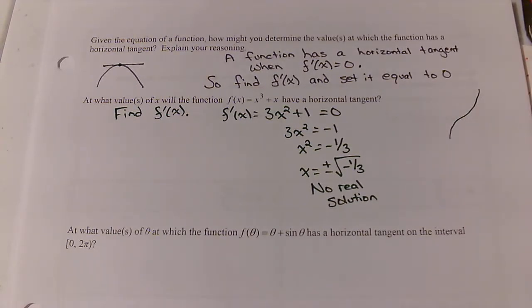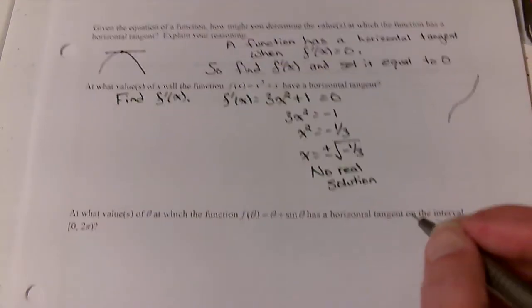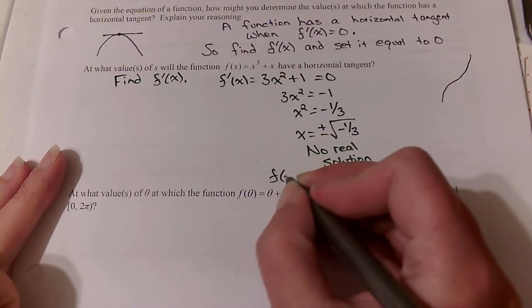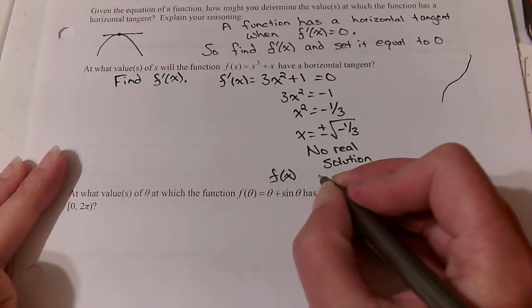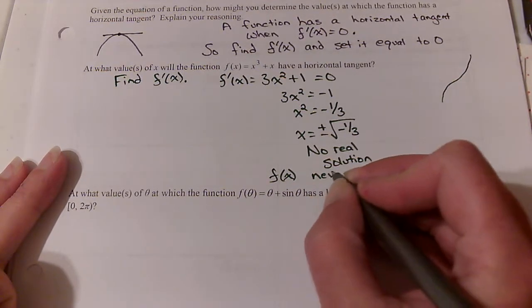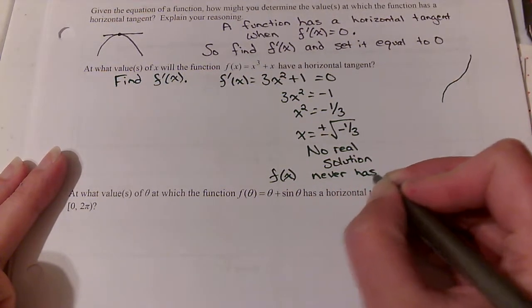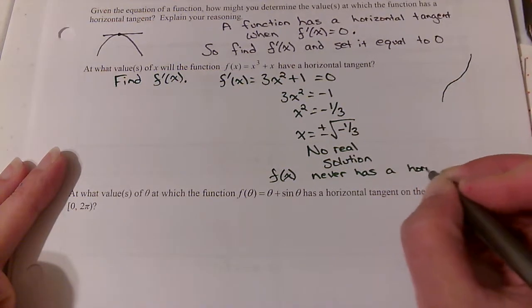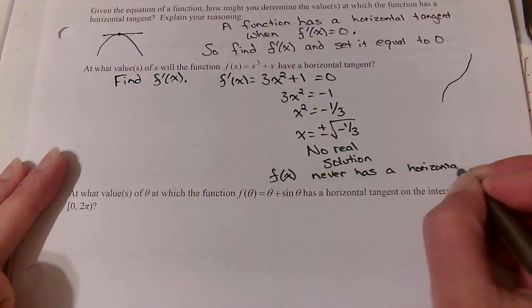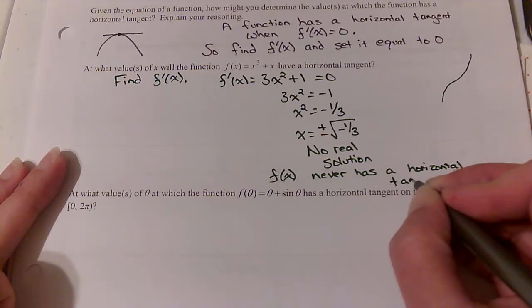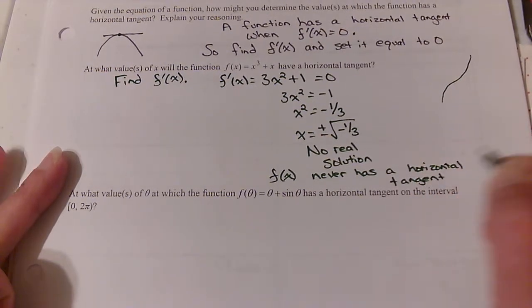It never has a horizontal tangent line. So f of x never has a horizontal tangent line. Don't forget that when you're answering these questions, make sure you actually answer the question.